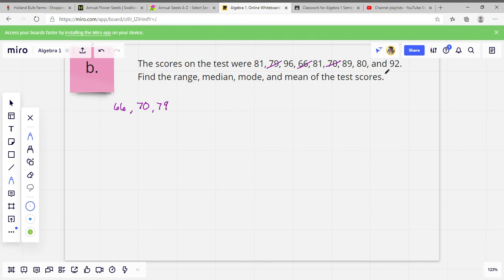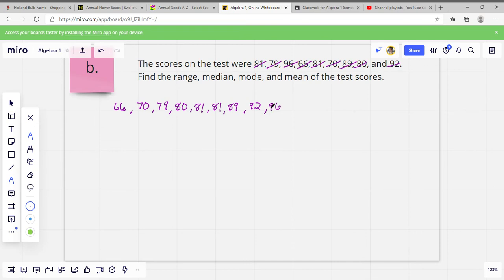And then we're going to go 80. And then 81. And then there's another 81. And then there is an 89. And then 92. And the last one will be 96.